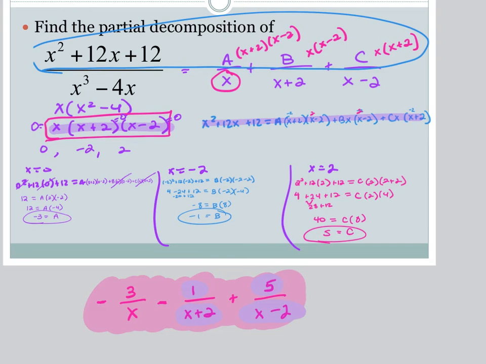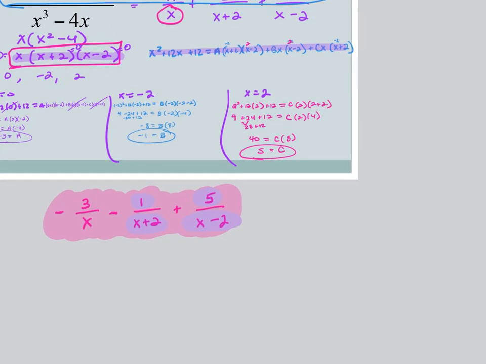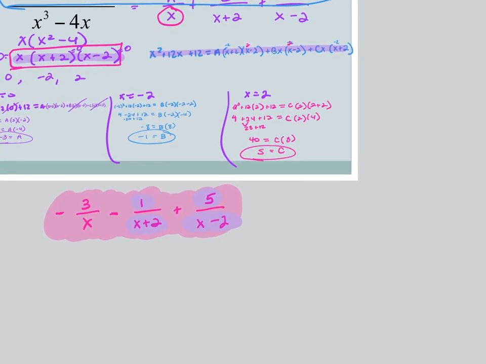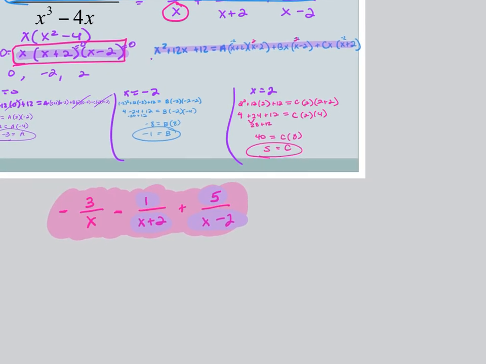Yeah. So the reason why they do it in this section is because the other method to solving these is actually using a system of equations. And we're going to have to use it for repeated factors, which I'm going to show you in a minute. But the way it works is you would take this whole thing and multiply it all the way out.